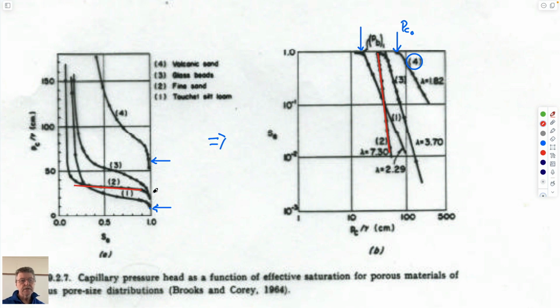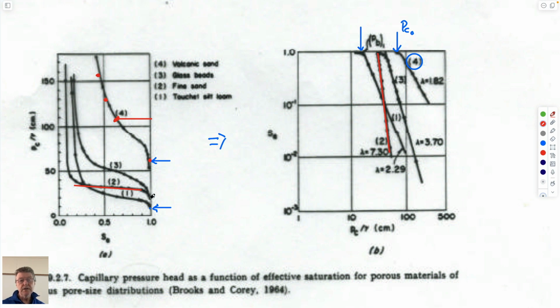So in other words, once you invade this, this must mean that it gets into the biggest pores. Then it's looking for the next largest pore. You have to increase the pressure all the way up to here to get to this particular saturation here. So this would be a smaller pore, a smaller pore, and a smaller pore.